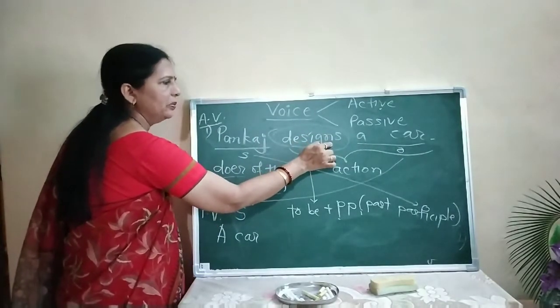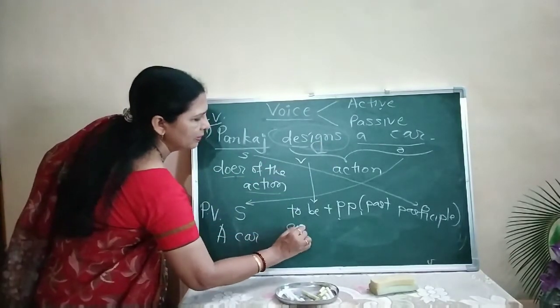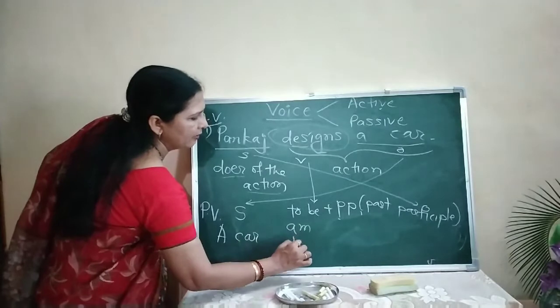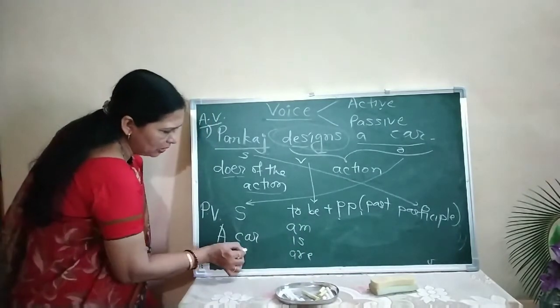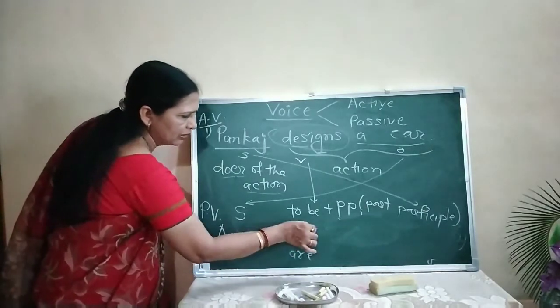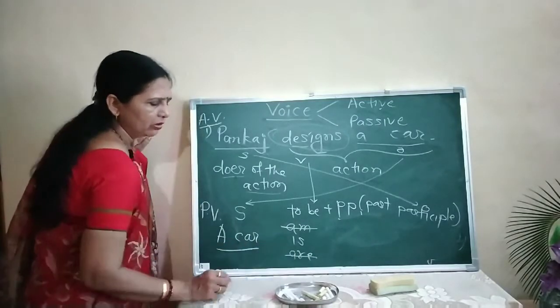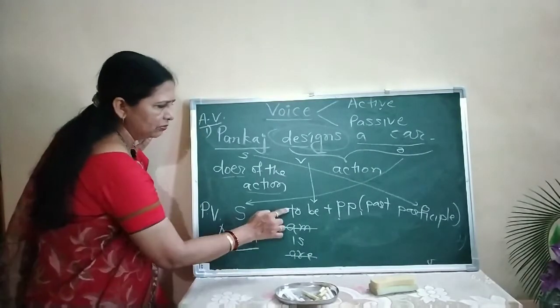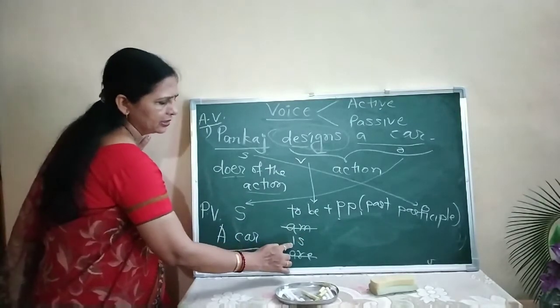And when the verb is in present tense, the form of to be in present tense is am or is or are. Now we are speaking about a car. Do we say a car am? No. Only one car is there, so are is also out of question. So the form of to be which we shall use here is is.